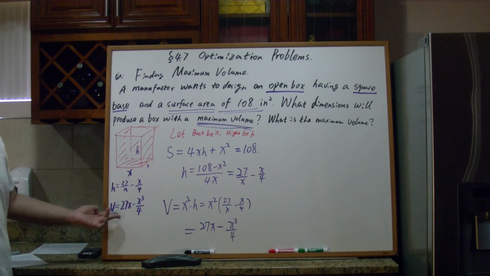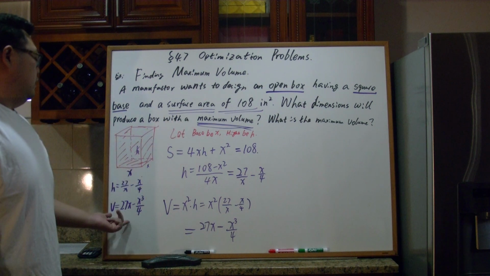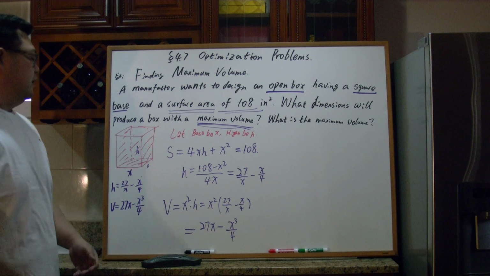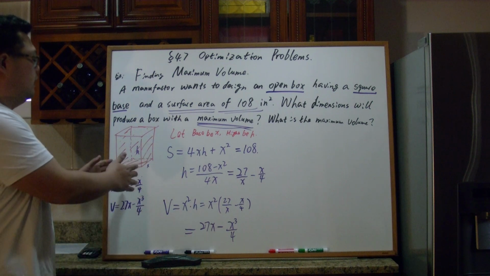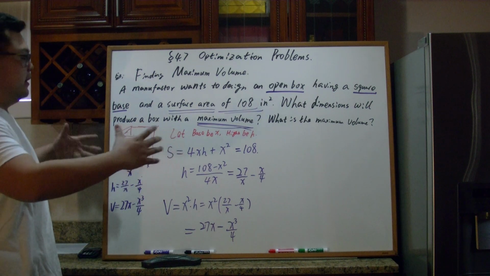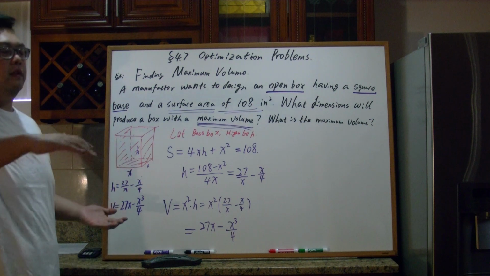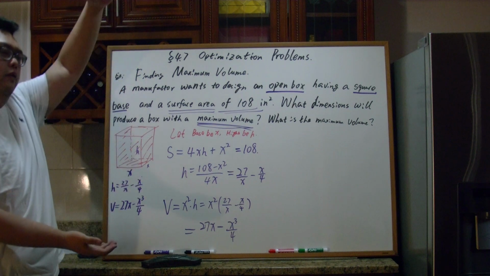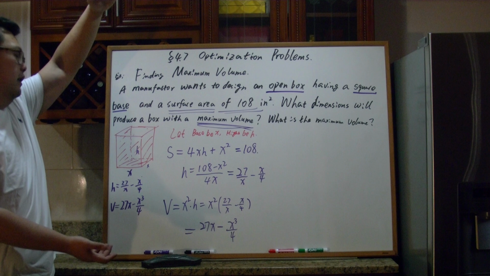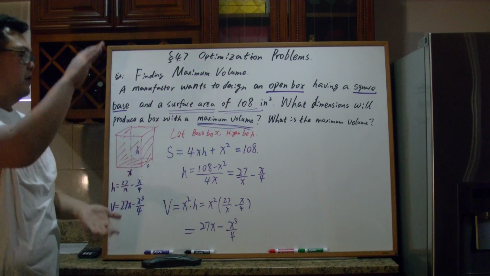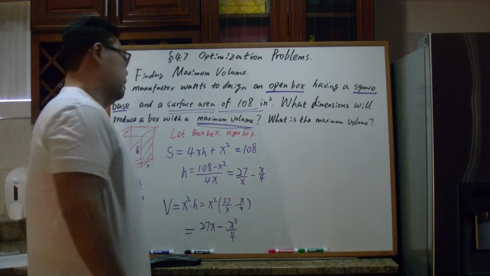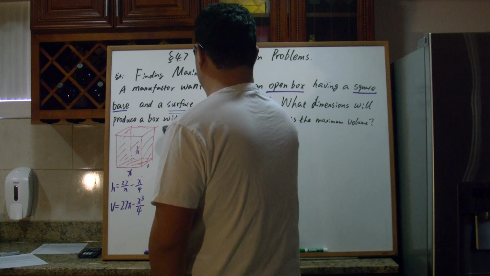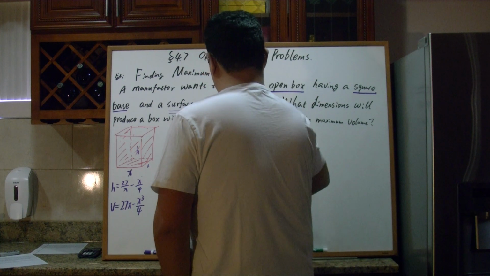So basically we are finding the absolute maximum of the volume. Of course we can see that if the base is getting larger, the height will be smaller, then the volume will be smaller. But if the base is too small, the height is too large, the volume also gets small. So something in the middle gives us the maximum.